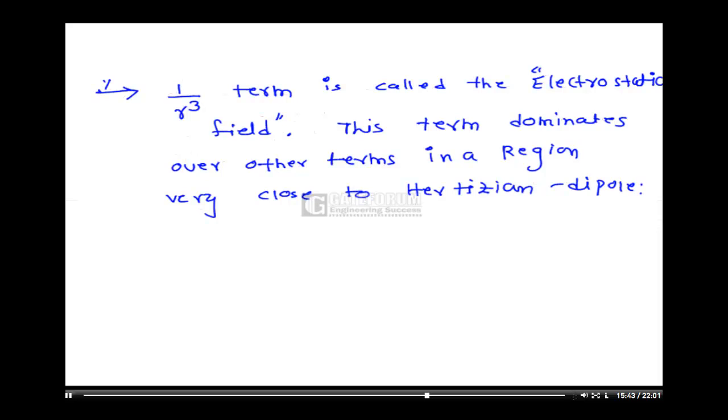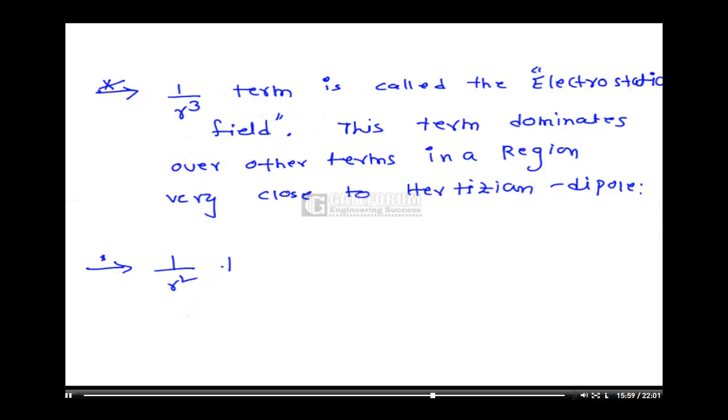This is one of the important statements. So this 1 by r cube term is called the electrostatic term, which is dominant very near to the antenna.